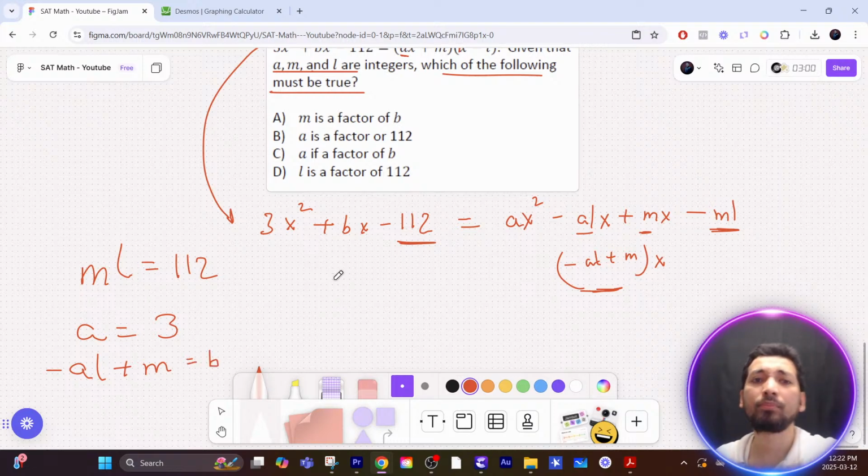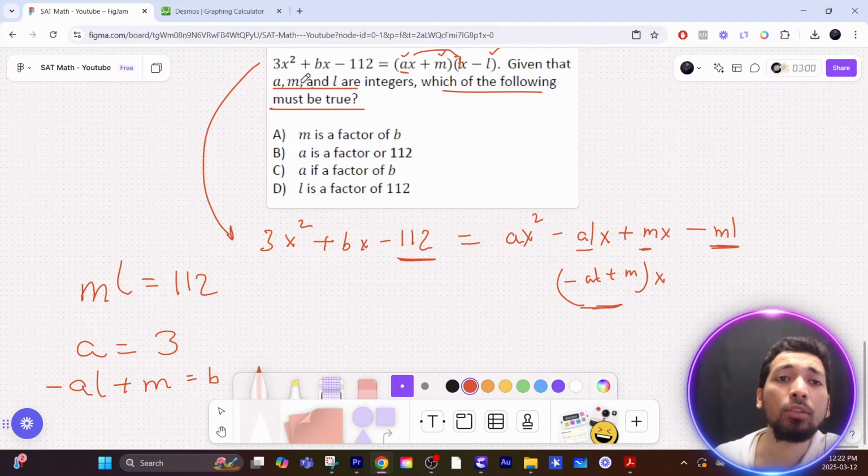Now, whenever we are trying to factor out any quadratics, we know that the middle term should be equivalent to these two terms. So if we add them, that should give us this middle term.